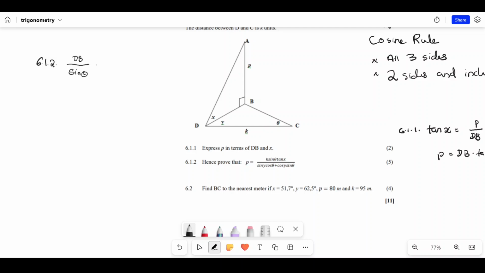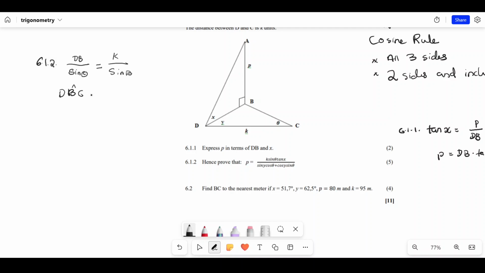You must know very well how to use the sine rule. So we take this side over the angle opposite, then we use the side that is known, which is k, over the angle opposite it, which is angle B. We don't have the size of angle B, so now our aim is to find angle B. B means angle DBC.